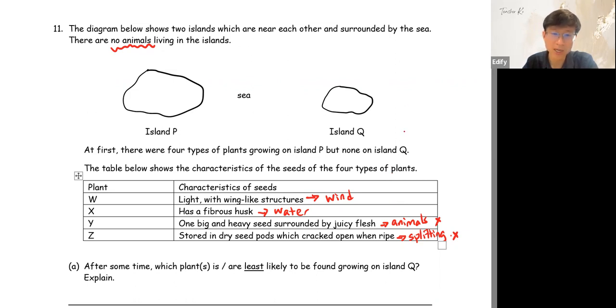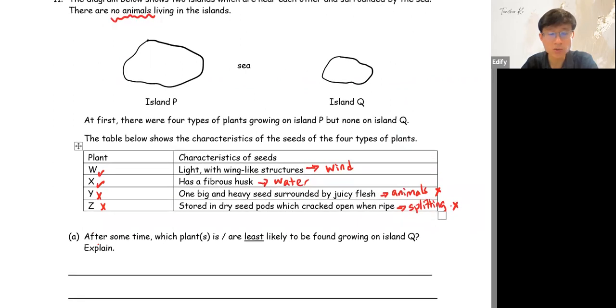So the only 2 possible answers are the wind and water, which is W and X. So least likely will be Y and Z. You take note that we are looking for plants. They give you a bracket S, which means there's a chance of more than one. So we are looking for least likely.